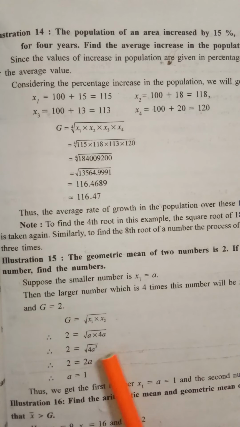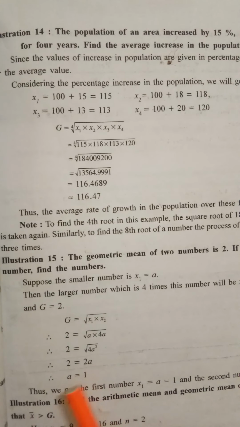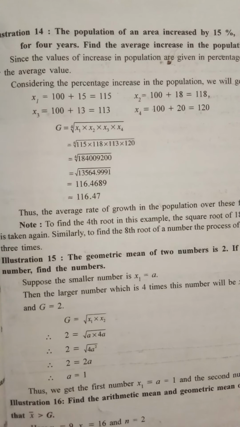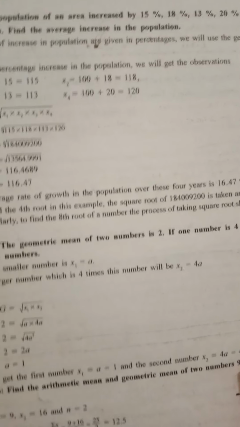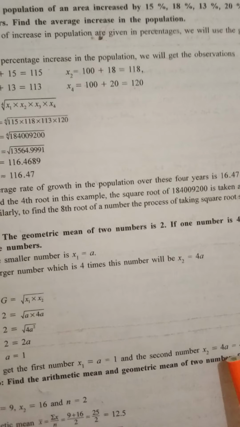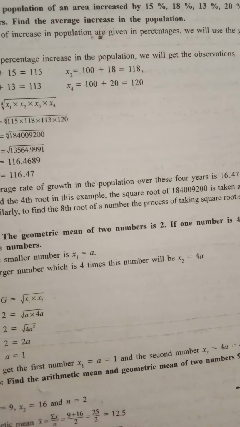But square root of 4 is 2 and square root of A square is A. So 2 is equal to 2A. Taking 2 in the denominator, so 2 by 2, 1. So A is equal to 1. Thus we get the first number x1 is A, and the second number x2, that is 4A, is 4 into 1, so 4.